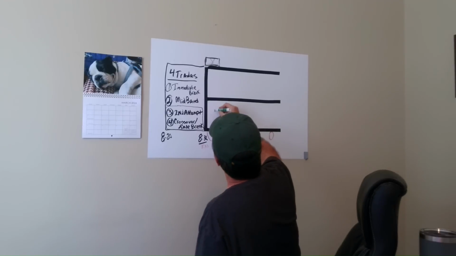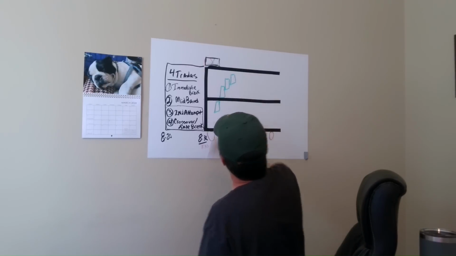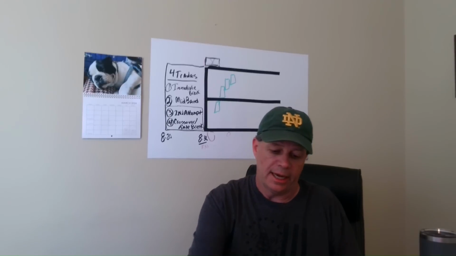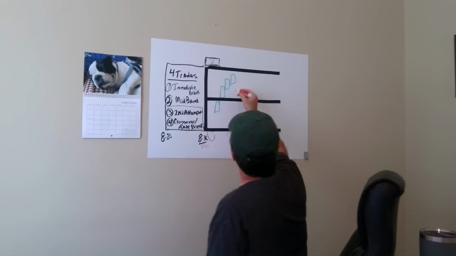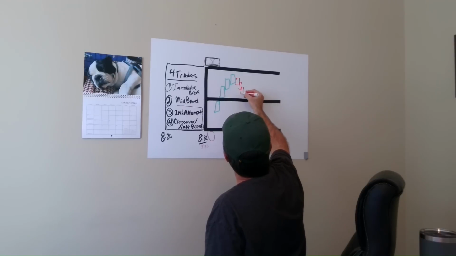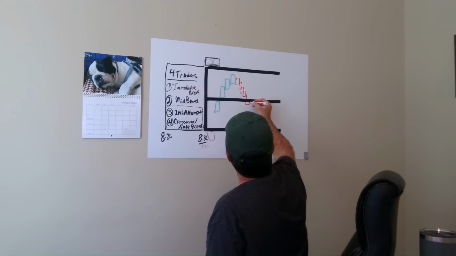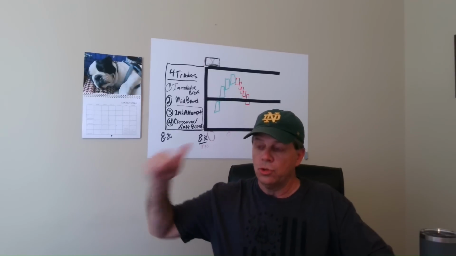So if we're going to do a long and price comes up and through the box, okay, now what you want for a mid-band trade is you want price to come back to the mid-band with two things.